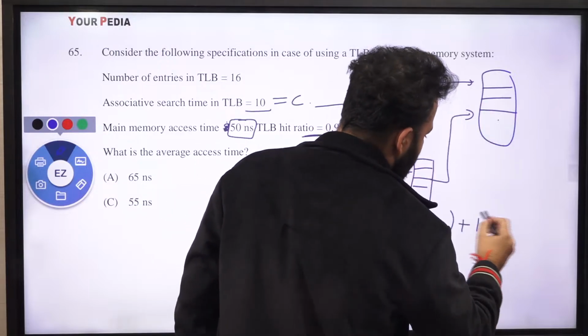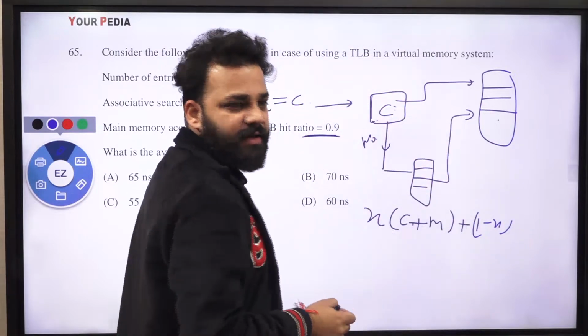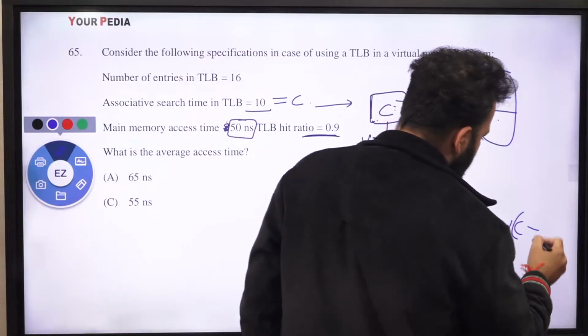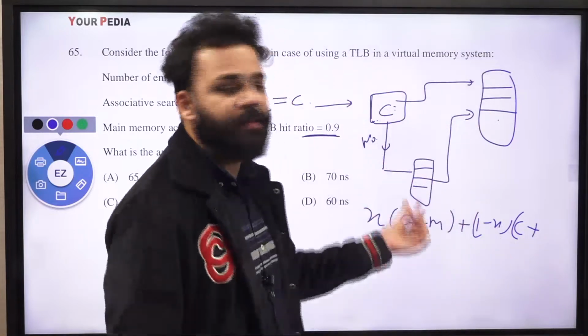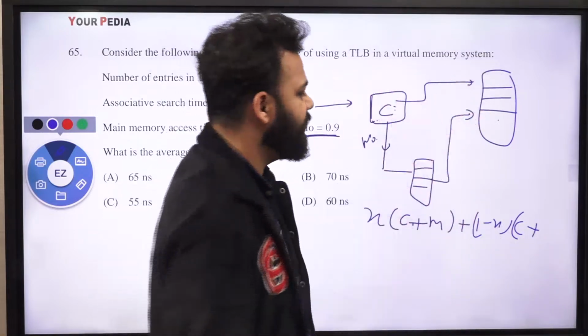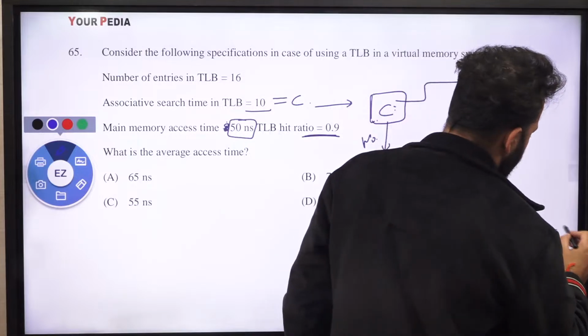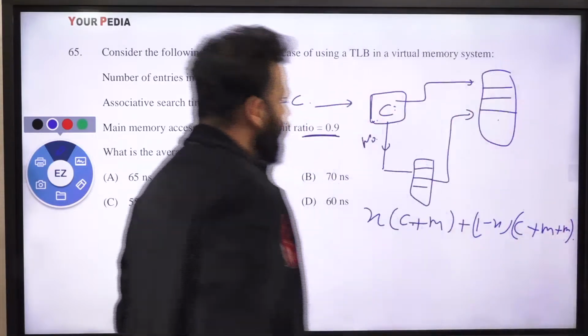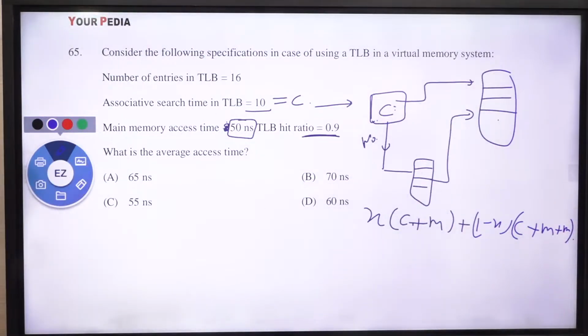If there is a miss, you have searched the C, it was a miss, plus 1 memory access to search the page table, because the page table is present in the memory, and then 1 memory access again to get the page. So x into (C plus m) plus (1 minus x) into (C plus 2m).